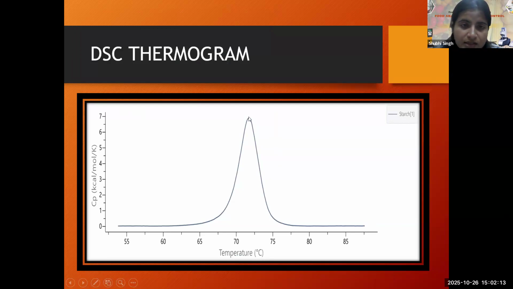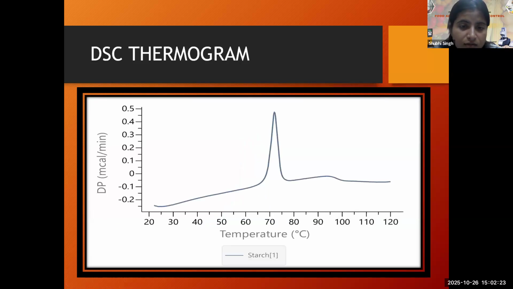Here the peak is of the glass transition temperature at 73 degrees Celsius. In this graph also, the peak is around 71 or 73 degrees Celsius.